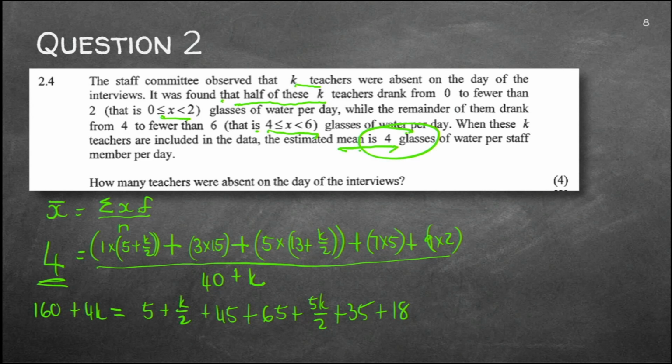Again, I'll try and bunch it together, multiply out with the 2, and at the end, you should end with 3K plus 168 is equal to 160 plus 4K. Let's quickly solve. I'll get 8 is equal to K. So therefore, 8 teachers were absent.